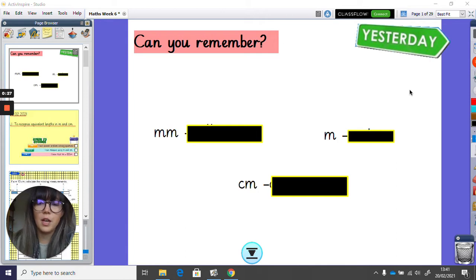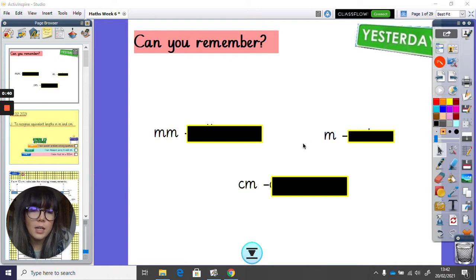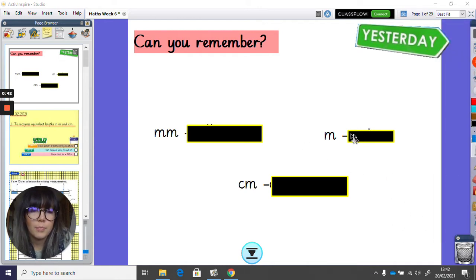So you should have paused the video, and I'm going to reveal what these three things mean, okay? So they all are abbreviations, which means a short version, but they all have long names, okay? So let's start with this one. So this is just an M on its own, okay? So this is sometimes written after a number to show how many meters.